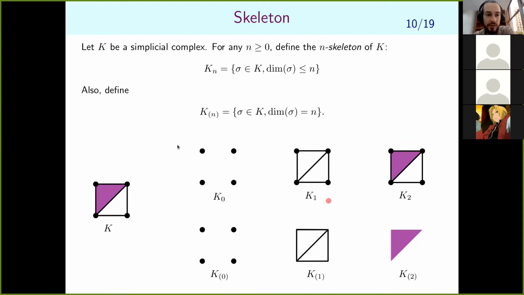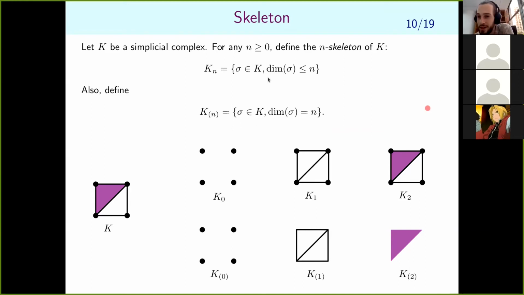What you can show is that for every n, the n skeleton of K is a simplicial subcomplex of K. But K(n) between parentheses is not a simplicial complex. As you can see, it does not satisfy the definition of a simplicial complex.